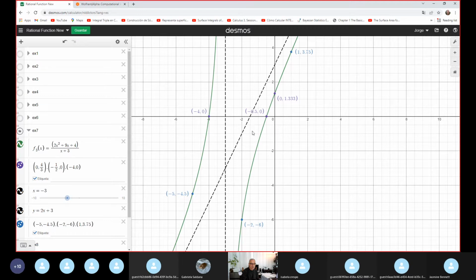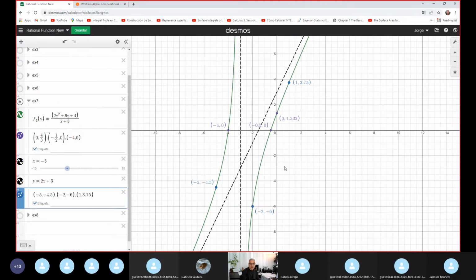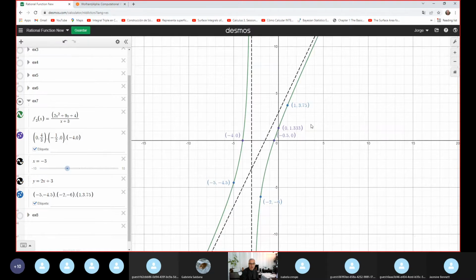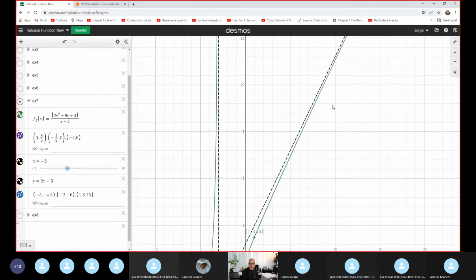Here in the left panel, you see the function. You see 6 points. You see these 3 points first and 3 more. And this is the vertical asymptote. Look, I'm flashing that. And the slant. It's important to see that the curve never crosses the slant. Okay, it approaches it, but never touches it in both directions.